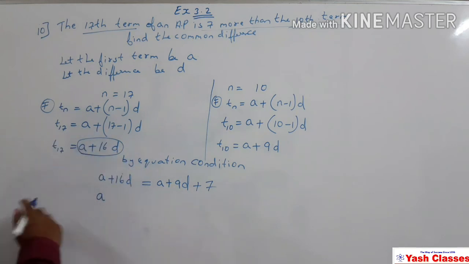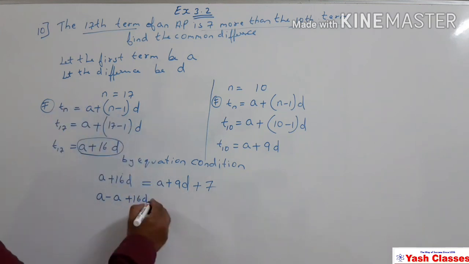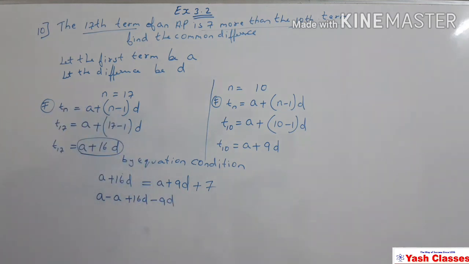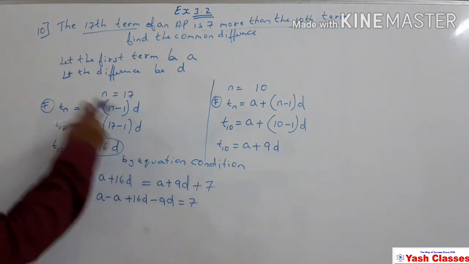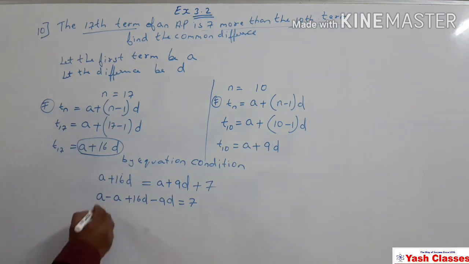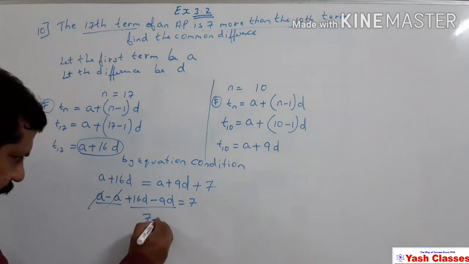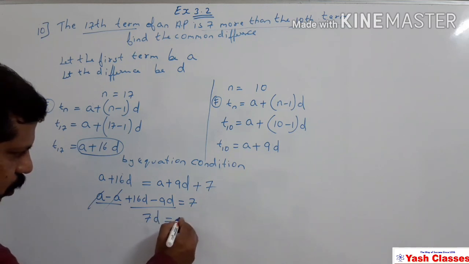A, bring this A here, it will become minus. Plus 16d, bring this 9d here, it will become minus 9d, is equal to 7. See here, A as it is, bring this here, it will become minus. Plus 16, bring this here, it will become minus. This A and this A you have to take. Plus and minus cancel. 16 minus 9, 7d is equal to 7.